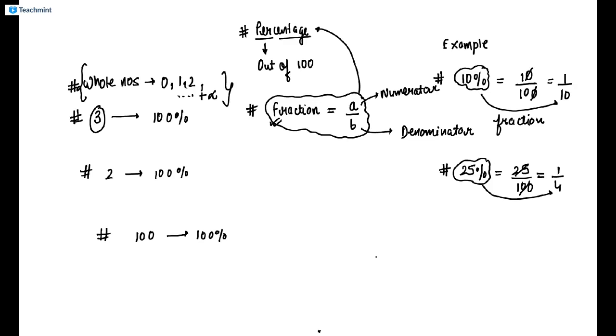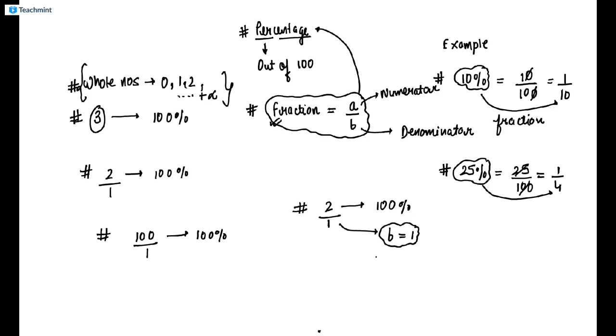Because it is also a part of a fraction, but here the denominator is 1. Any counting number is 100 percentage, where in a by b, here b equals 1. Is it clear?